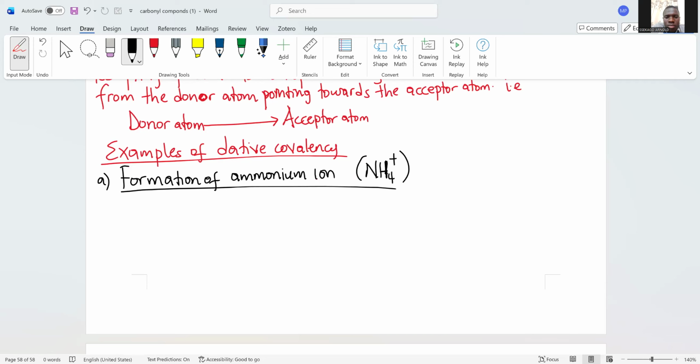Now, when you look through the material which you have, the preceding information which we have so far covered, you see that we formed ammonia. We illustrated how ammonia is formed.